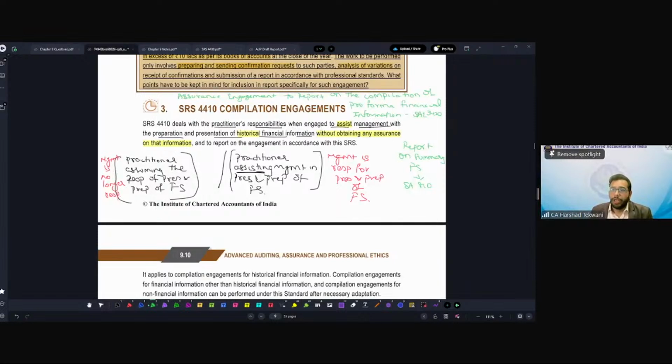In the same way, for prospective financial information, you also have a separate standard. It's not a historical financial statement.